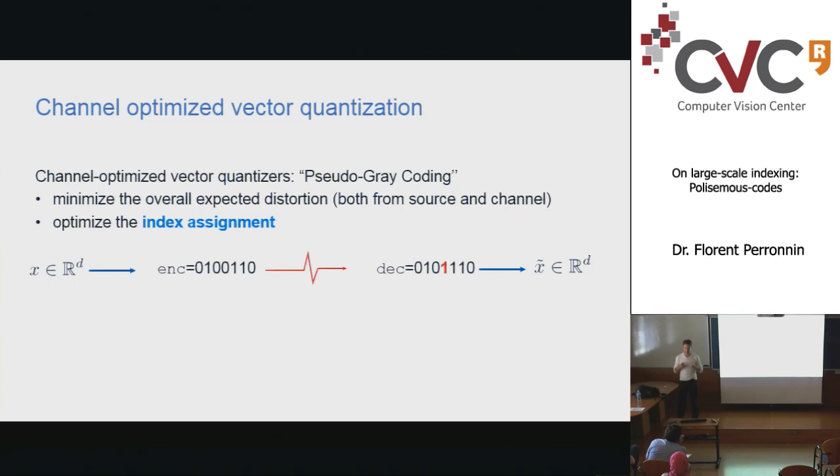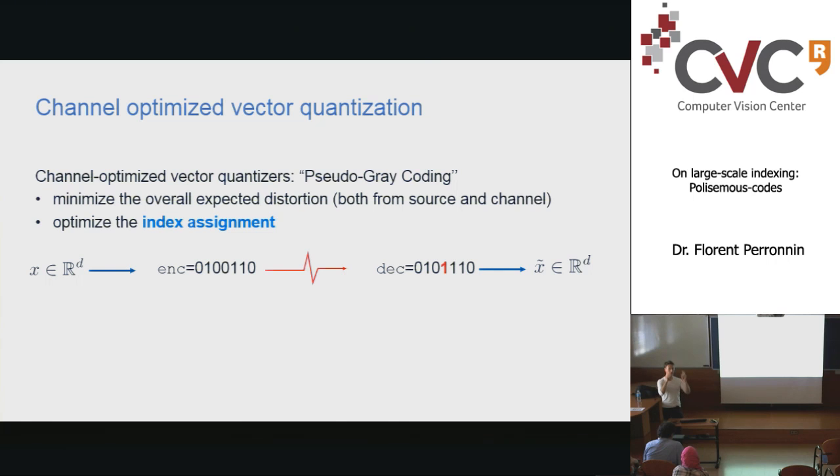So take k-means, just to explain. In k-means, you cluster your samples into centroids, and then, for the quantization, you replace your sample by the closest cluster centroid. And the numbers that you assign to your cluster centroids, typically they're meaningless. The assignment is just random. Assume you have 256 centroids, which are ordered between 0 and 255.